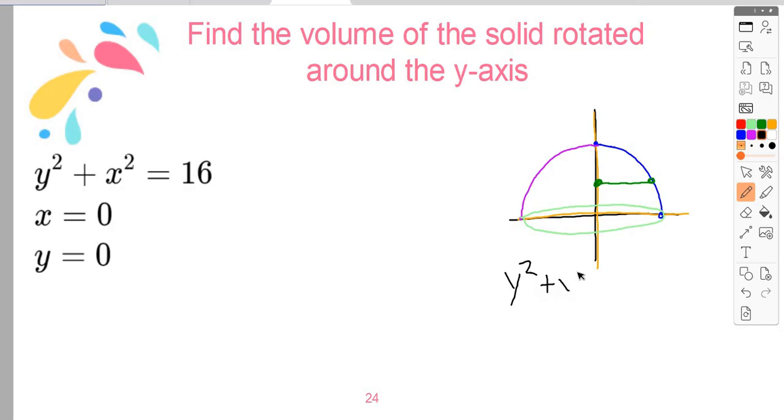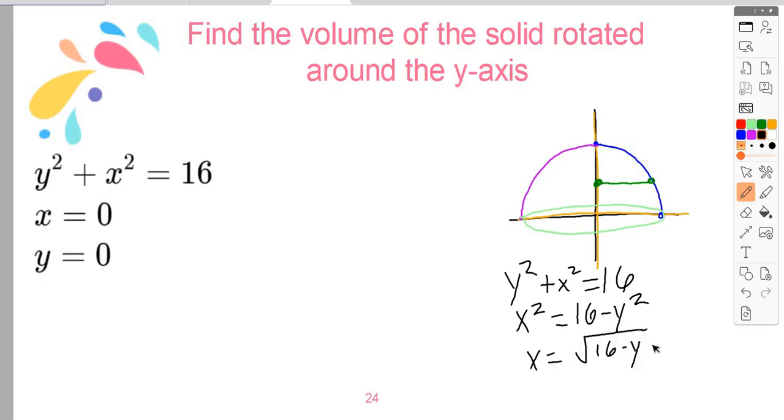So what do we need to do? Solve for x. So we would subtract y squared and take the square root. What do we have to add there? Plus or minus. Which half of our sphere are we dealing with there? Just the positive one. So we're just looking at the positive.